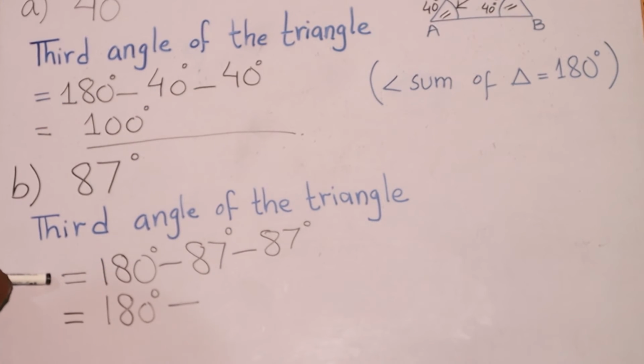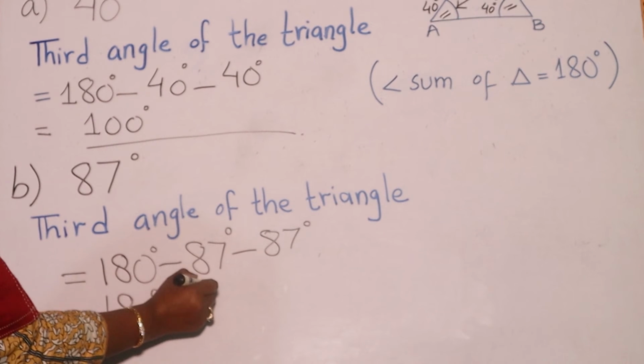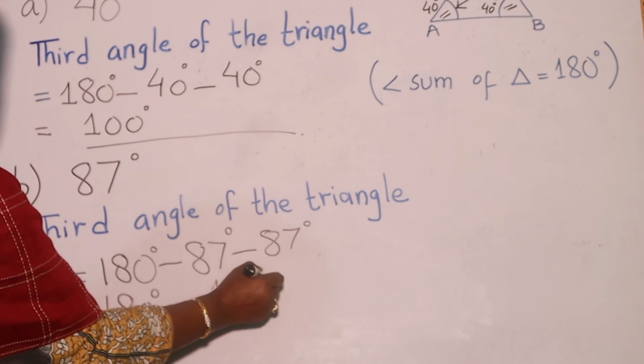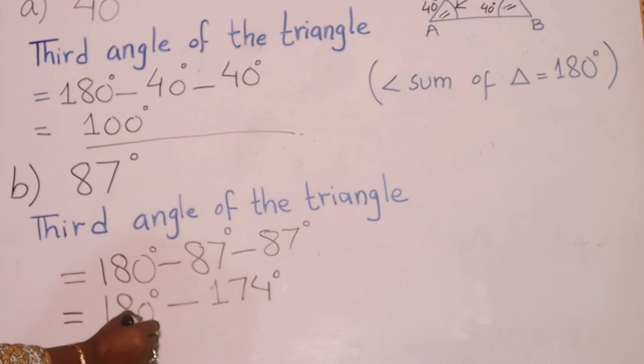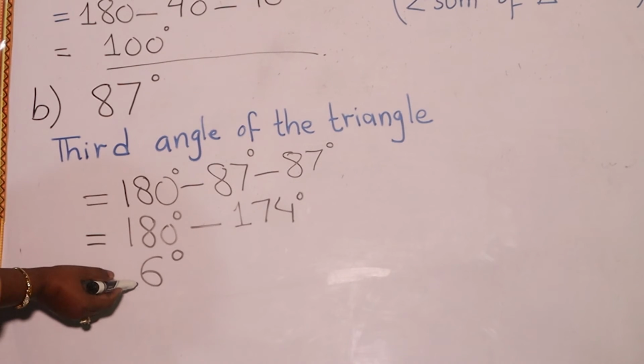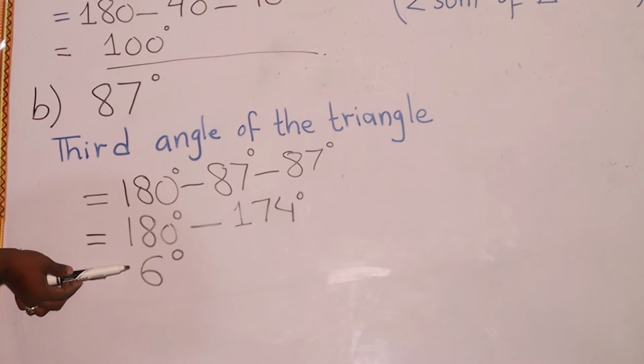We can also write it as 180 degrees minus 174 degrees. When we subtract 174 from 180 degrees, we get 6 degrees. So this is the third angle, 6 degrees.